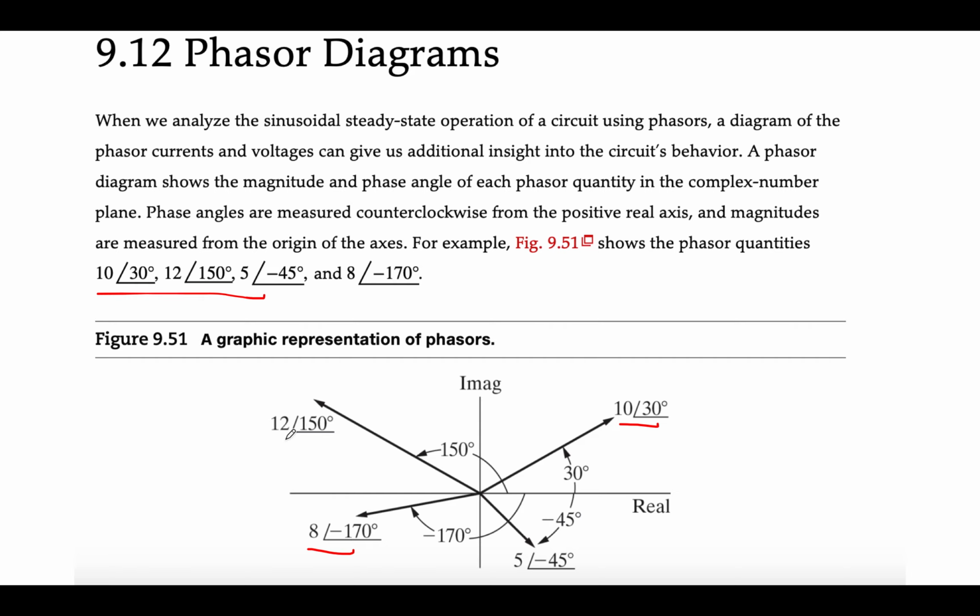For example, 12 angle 150 here leads 10 angle 30 because it is farther along in the rotation and the angle between the two phasors is less than 180 degrees. This 8 angle minus 170, also notice it is farther along in the rotation and the angle between it and the 10 angle 30 is less than 180 degrees. So we would say the 8 angle minus 170 leads the 10 angle 30.